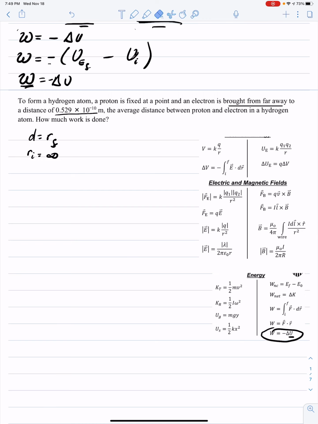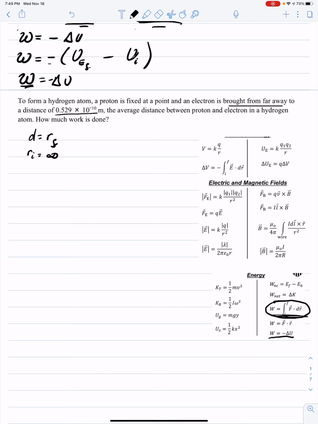You can use your equations here, and it shows that you can do it two ways. You can find work due to the negative change in potential energy, or you can find work using this equation right here. In your solutions, they go about this route, the integral.